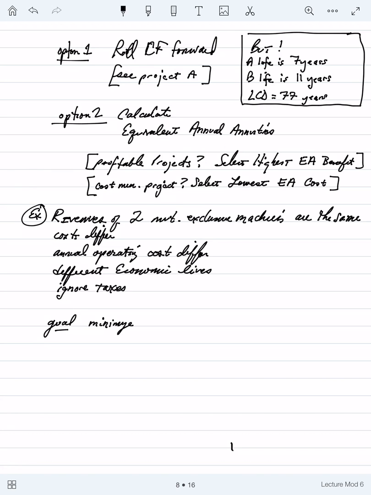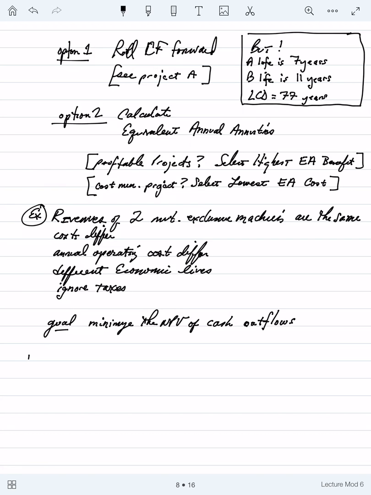So we're going to minimize the net present value of these multi-year lives of machines. They have the same revenue, so that's not what is relevant for us. We want to know which one is more profitable by way of the one that has the lowest equivalent annual cost.